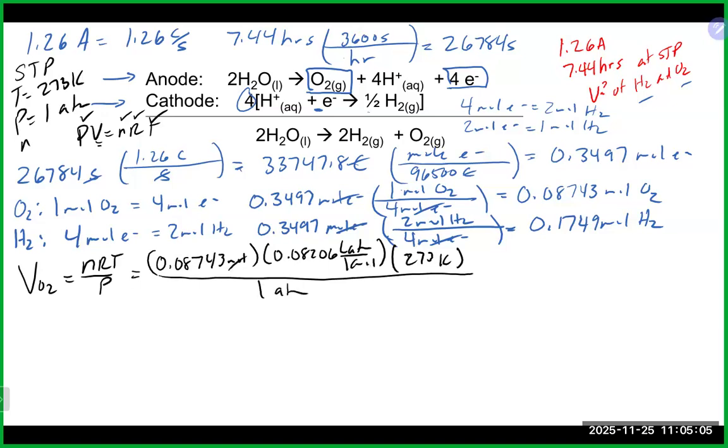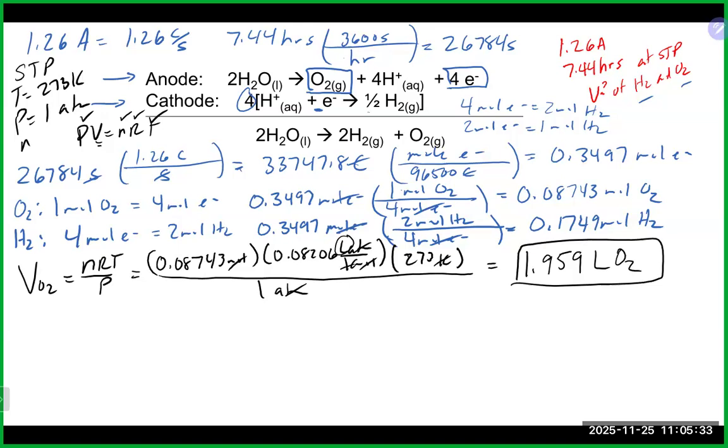Obviously here moles cancel, Kelvin cancels, atmospheres cancel, leaves us liters as our units. And we will end up with 0.08743 times 0.08206 times 273. Going to get us, we'll call it 1.959 liters of oxygen gas would be produced in this case.